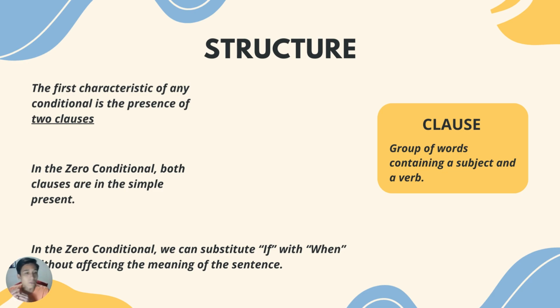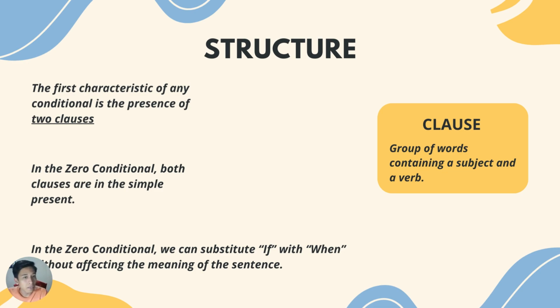What is a clause? Well, a clause is a group of words which contain a subject and a verb. So we are always going to see two clauses when we want to use the conditionals. It is really a characteristic of the conditionals to see the presence of these two clauses.